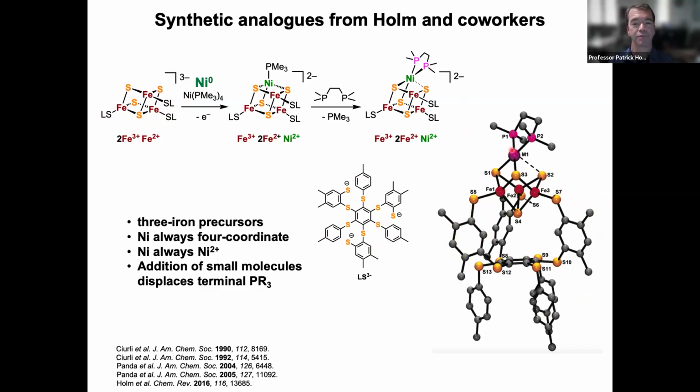It's ideally set up to put another metal in here, and one of the metals that they inserted into it was nickel. And they used nickel 0 sources, which were oxidized in the process of this.